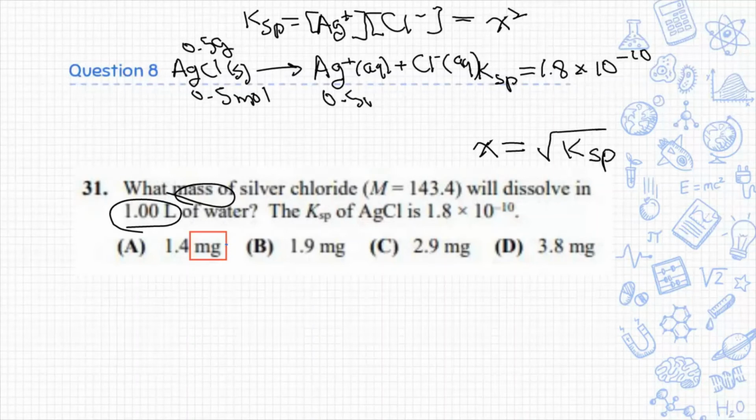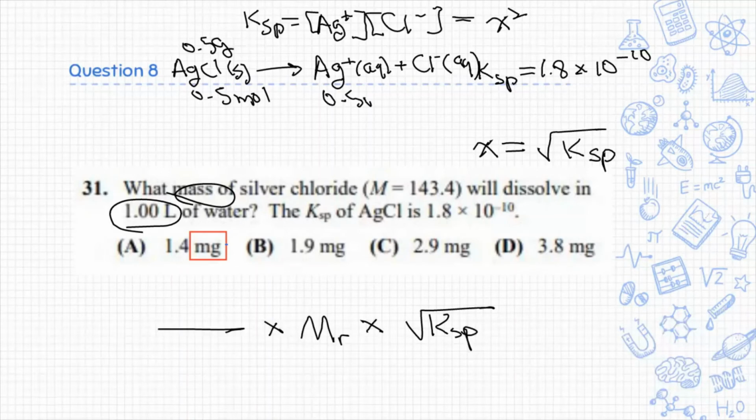Now, this X happens to be in moles, so we use the molar mass given. We multiply the square root of Ksp by the molar mass, and since it asks for milligrams, we multiply by 1 gram and then 1,000 milligrams, like that, and we get our answer. Let me plug into my calculator.